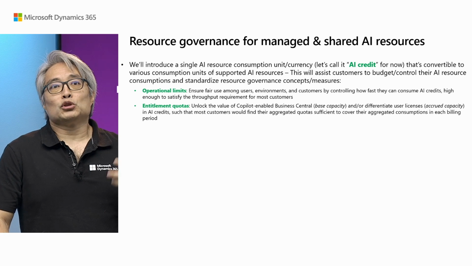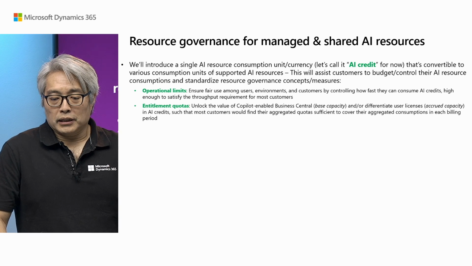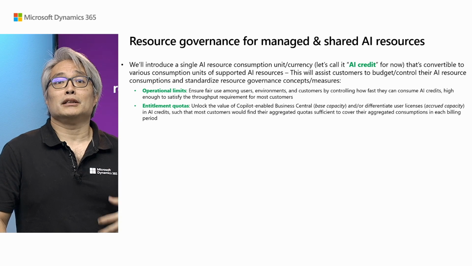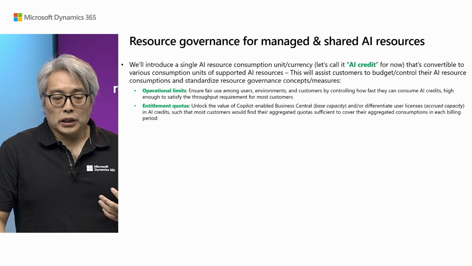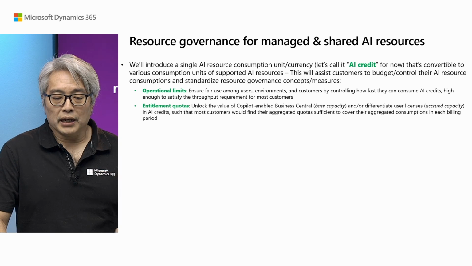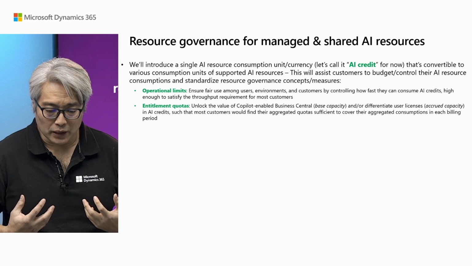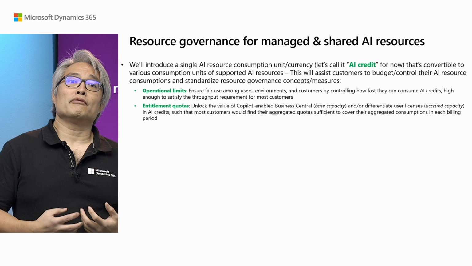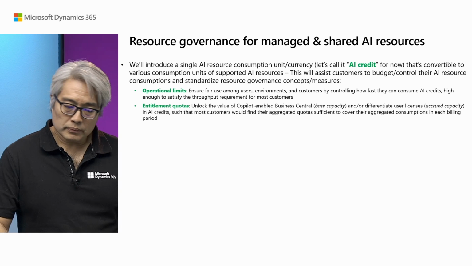For example, we will introduce base capacity in AI credit, as well as we can differentiate user licenses by introducing accrued capacity in AI credit to make sure that most customers will find their aggregated quotas of this base and accrued capacity sufficient to cover their aggregated consumption in each billing period.